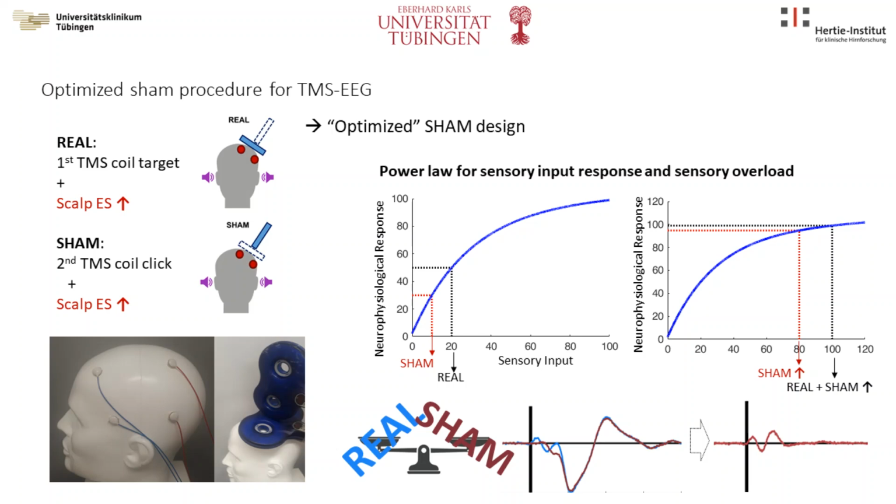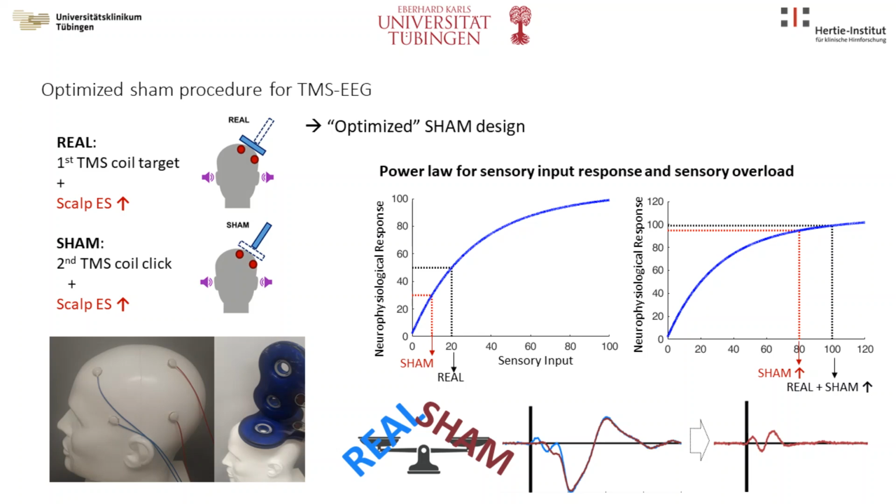So here in this example, we have two different inputs that lead to significantly different neurophysiological responses. However, if that difference in input remains the same, but offset to a higher overall intensity, then the difference in the neurophysiological response will be considerably smaller.